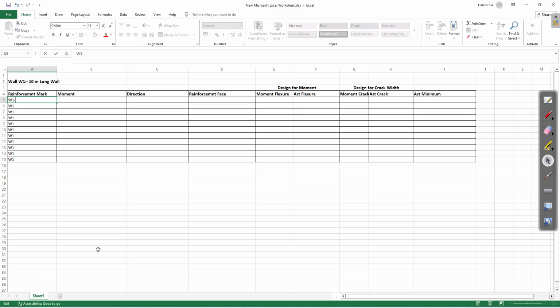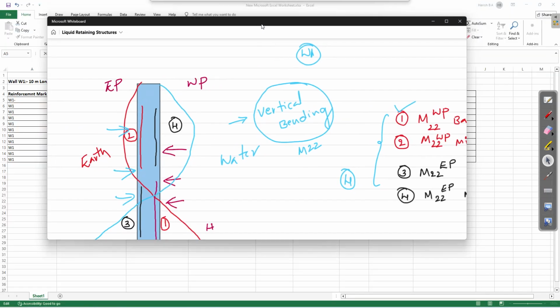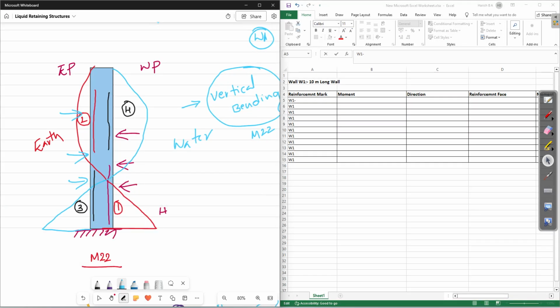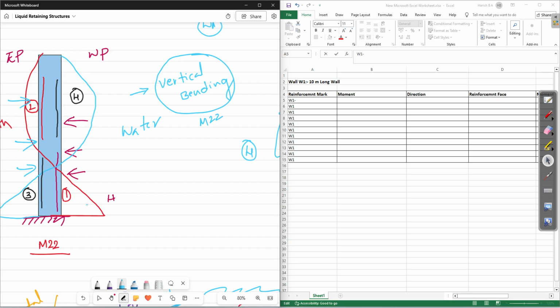So first, I will make split screen options. See here, first reinforcement location 1. You have location 1. Next location 2, location 3, location 4, location 5, location 6, location 7, location 8, location 9, location 10.